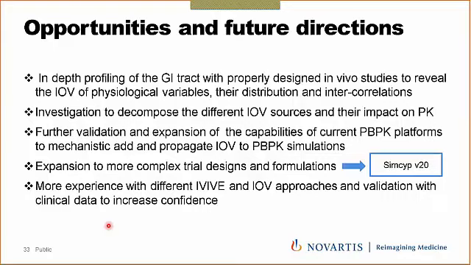Also, to explore further the different sources of interoccasion variability, and that's something I think can really be performed using a PBPK modeling approach, just to see what affects the PK more, even though we might not have full understanding of the in vivo values. Of course, we need more examples and further validation of these approaches.